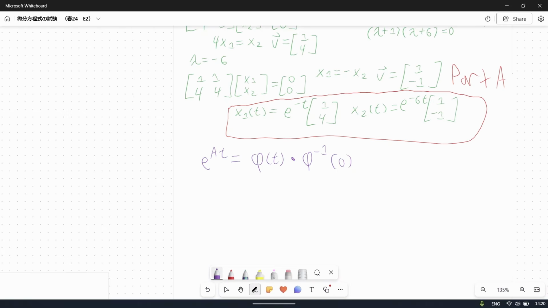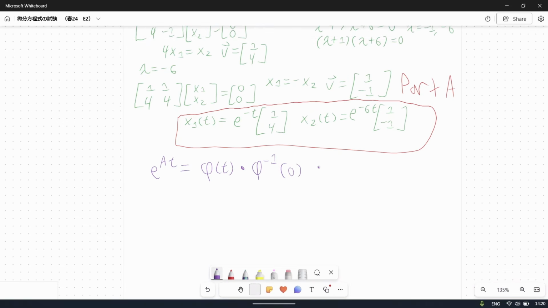When we do that, our fundamental matrix phi of t is equal to e to the negative t, 4e to the negative t, e to the negative 6t, and negative e to the negative 6t.